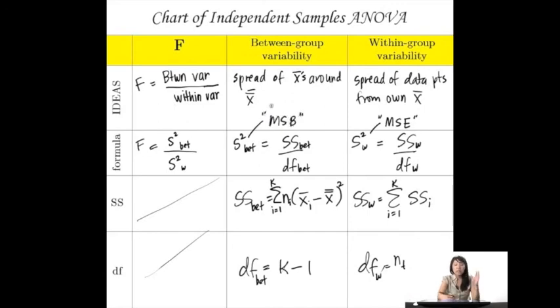Or you might just see mean square between groups or something like that, right? So the between groups part might be written out. But almost always this denominator is going to be called mean squared error. The reason I want to mention it here is not only to connect this lesson with whatever's going on in your classes, but also because mean squared error will be an important term for later on when we go on to other kinds of ANOVAs.